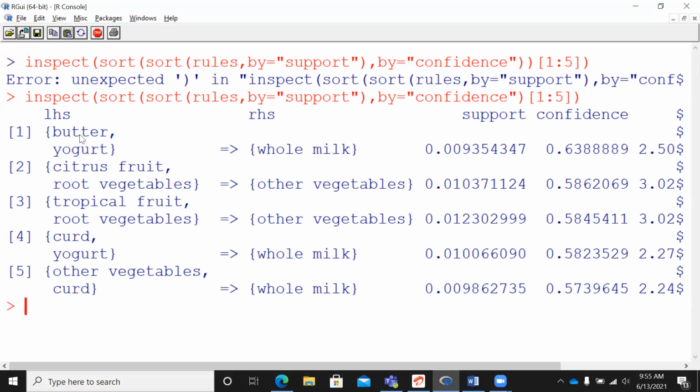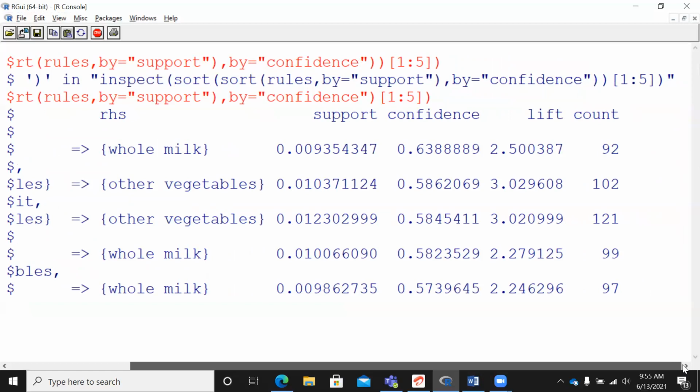If a person buys butter and yogurt, you can again cross-sell whole milk to him, right? Tropical fruits, root vegetables lead to other vegetables. Citrus fruit, root vegetables lead to other vegetables. And you have support, confidence, and lift values being demonstrated as well.